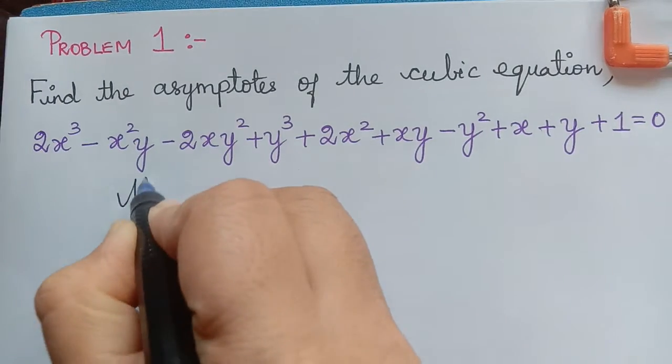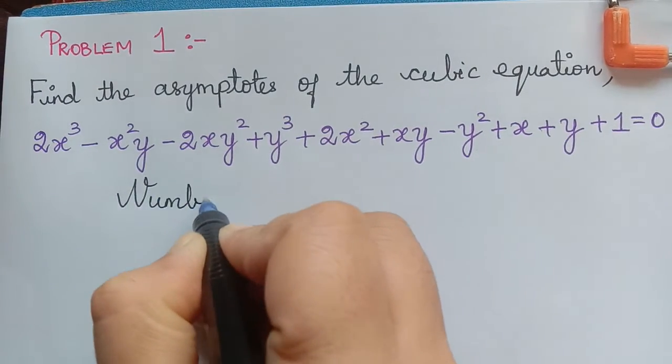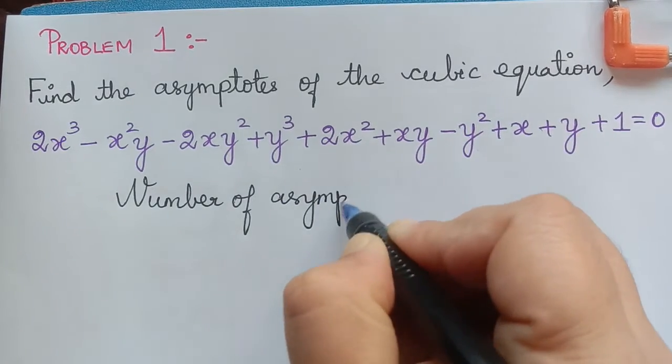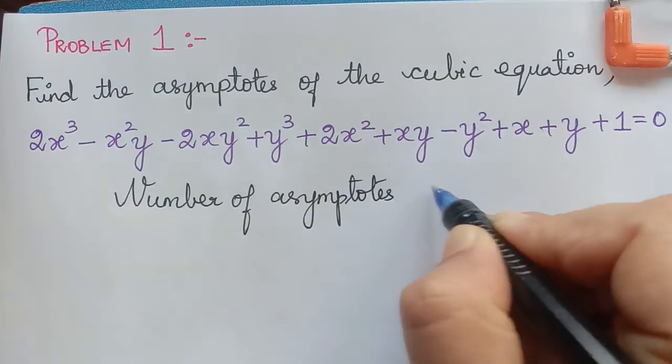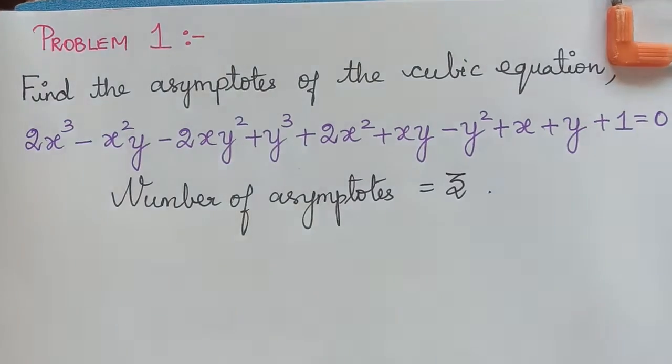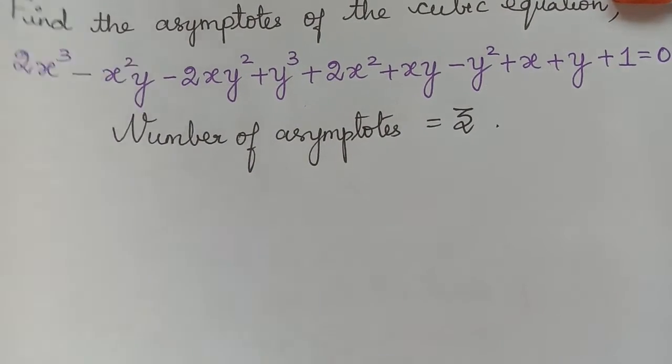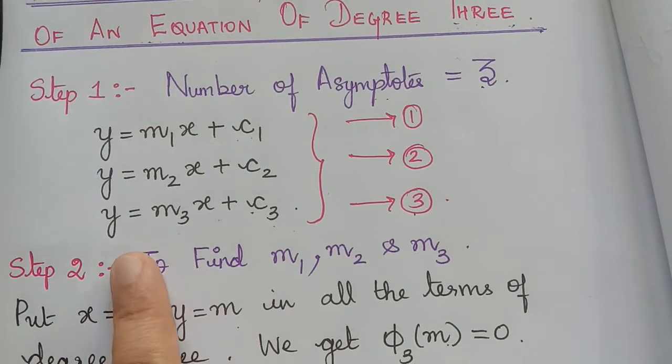So first step is we have to write the number of asymptotes for this given equation, which will be equal to 3. So what are the 3 asymptotes for the given equation? We have to take them as I have already explained in our previous video.